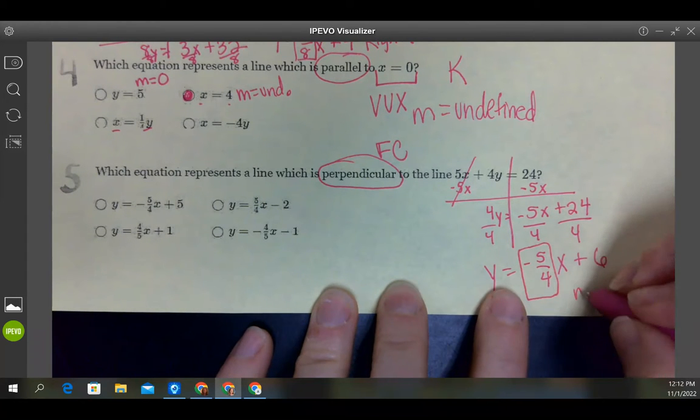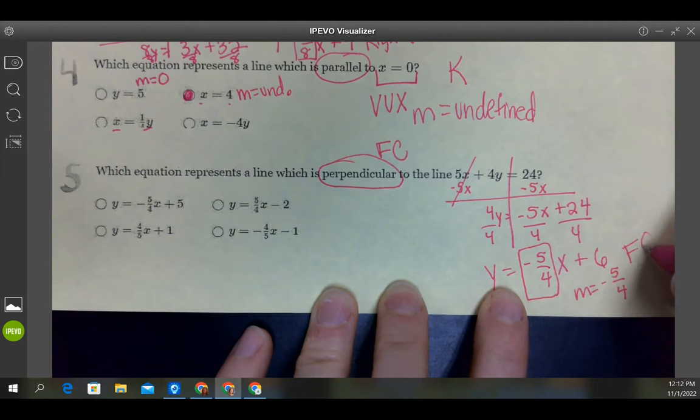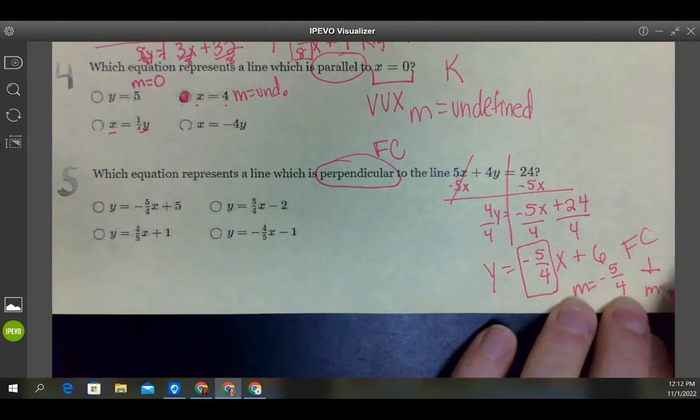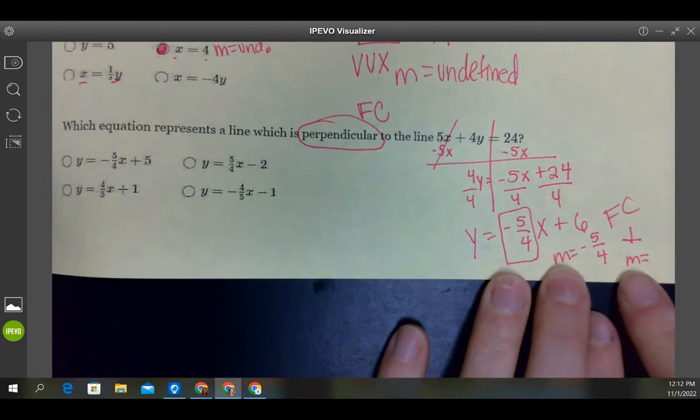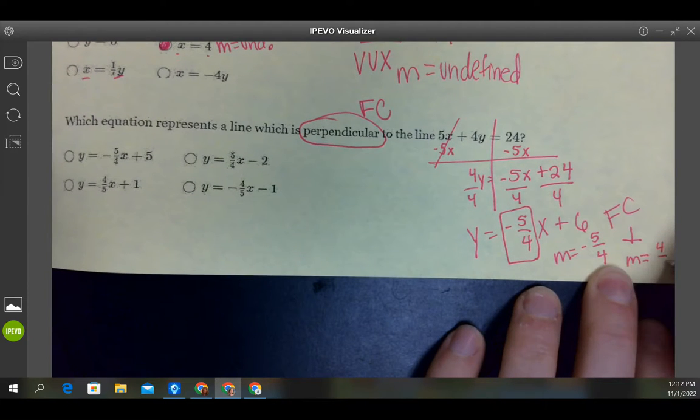That's my slope, right? We want to flip change to find my perpendicular slope. So if I flip and change it, what's my new slope going to be? 4 over 5. Positive 4 over 5.